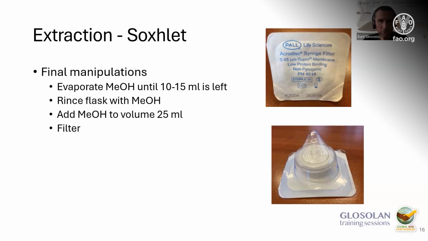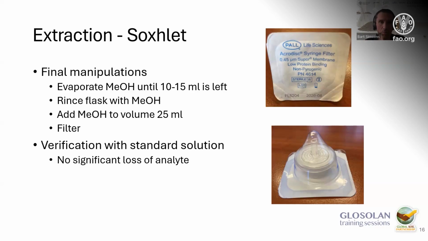And then we filter it to make sure that no pollution, no big particles are in the solution, to make sure that the column of the liquid chromatography tool will not be blocked by big particles. And then we have 25 milliliters of extract solution with or without explosive, depending on the sample. And that's what we store.